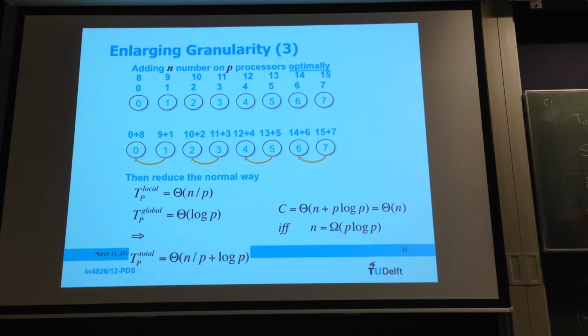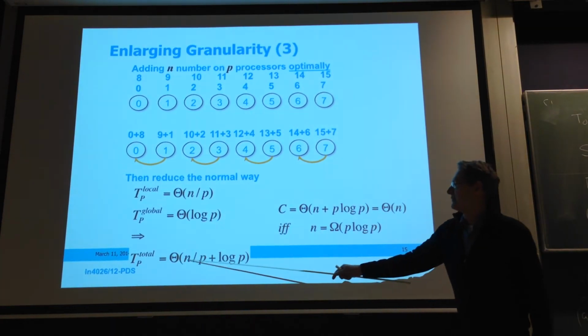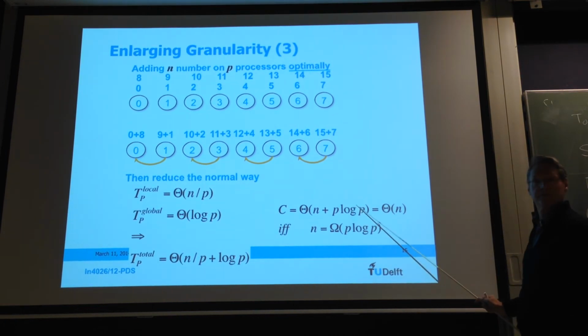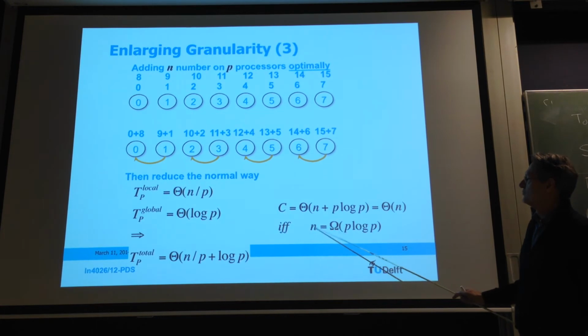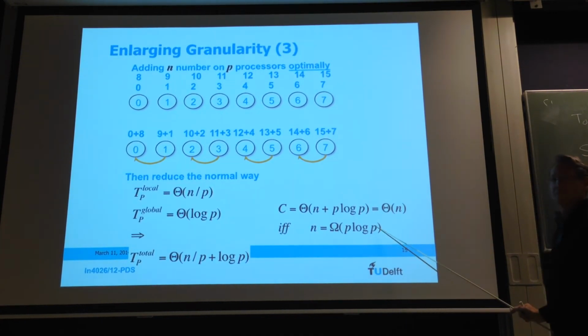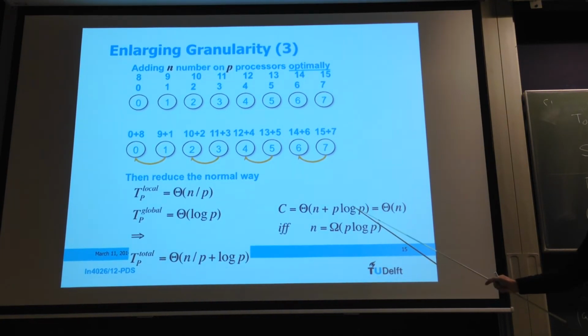Well, if we write the cost here, this is n plus p log p, because if you multiply the parallel execution time, then this term becomes n, and this term becomes p log p, right? And if we assume that n is lower bounded by p log p, right, we can replace this term by n.